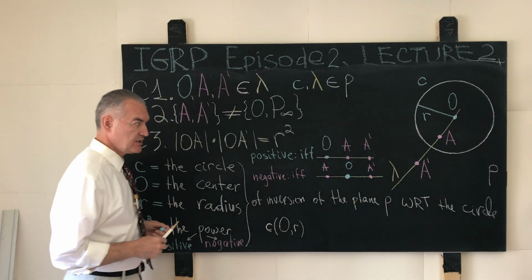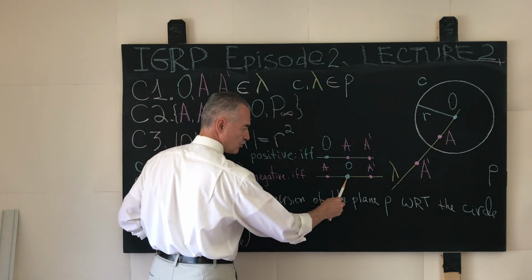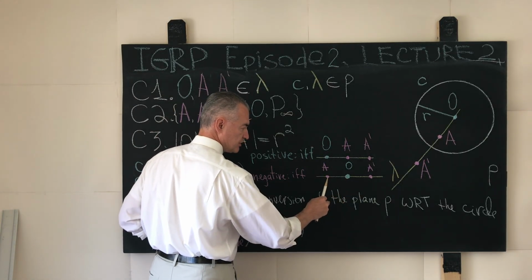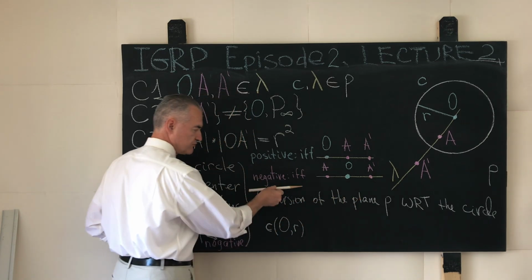And that means that if the center of inversion is in between the points A and A prime, then the power of inversion is negative.